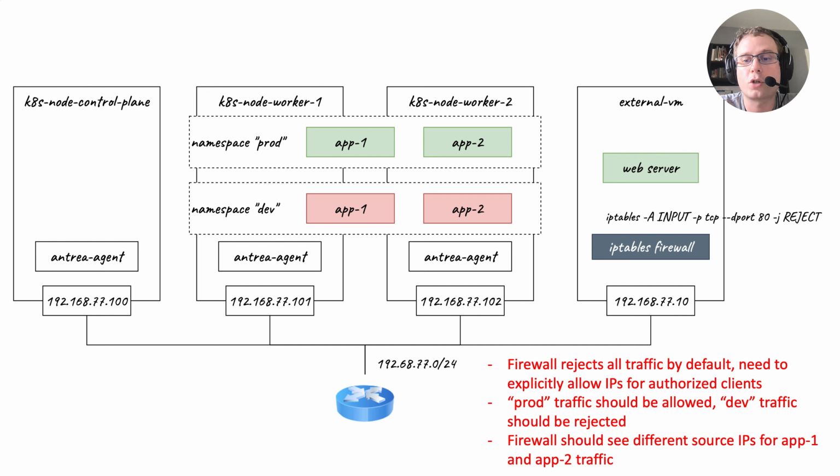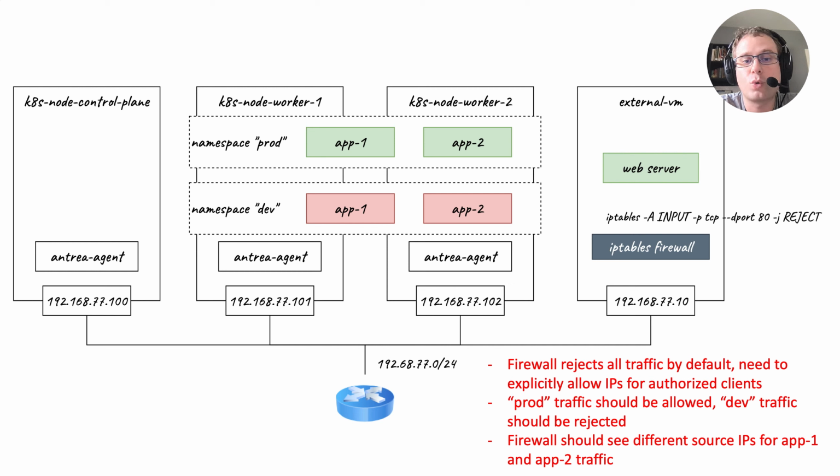We want all production traffic, that is, traffic from the prod namespace, to be allowed to access the service. In other words, the network firewall should not reject connections coming from applications in the production namespace. However, all traffic from the development namespace should correctly be rejected by the firewall.